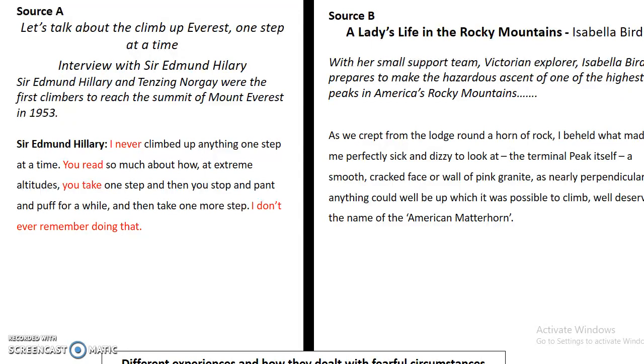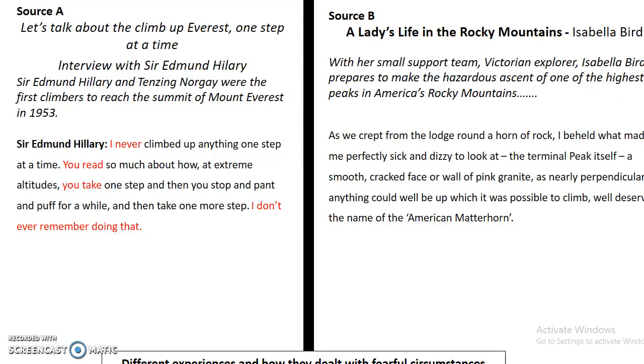I don't remember panting and puffing while climbing. So immediately we've got this divisive tone between the members of public and Sir Edmund Hillary. He comes across as being very confident and actually proud of having been able to climb the mountain in such an effective manner.